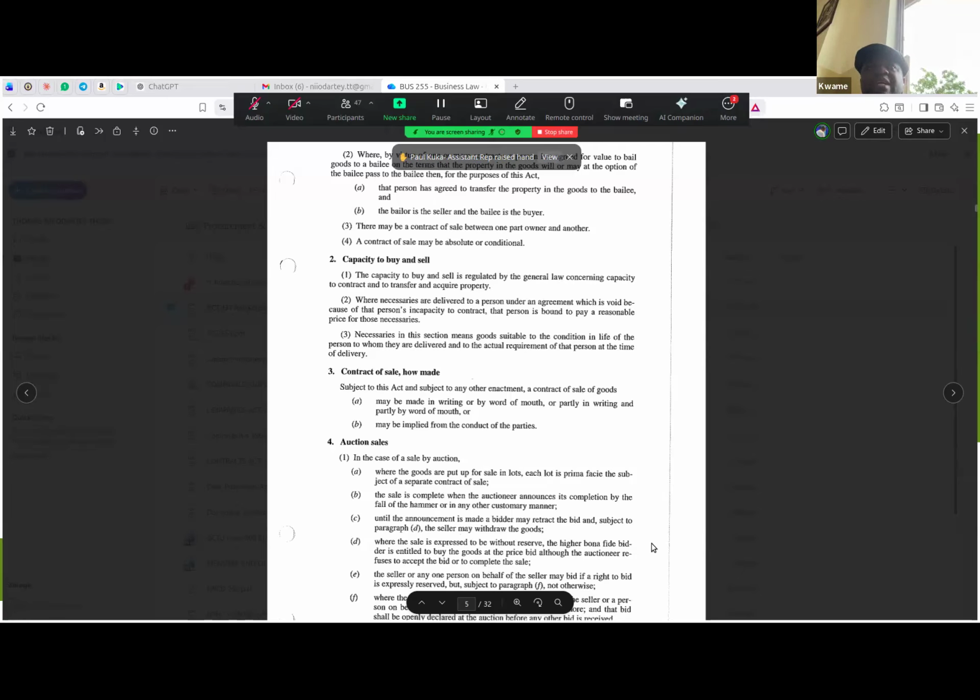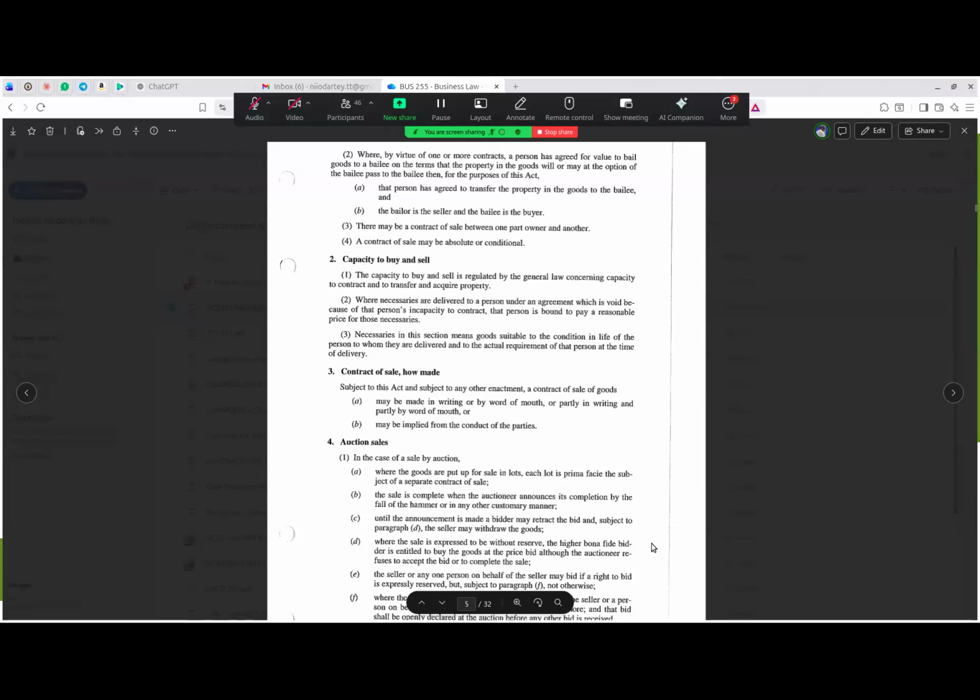Anytime you go to the land, you know that you are only going because of your crops, but the land is no more yours. You cannot do any other thing with the land. The only thing you go there to do is check your crops or harvest. After harvesting, you dare not step your feet on the land anymore, else you'll be cited for what? Trespassing or unlawful entry. Okay? Thank you very much.